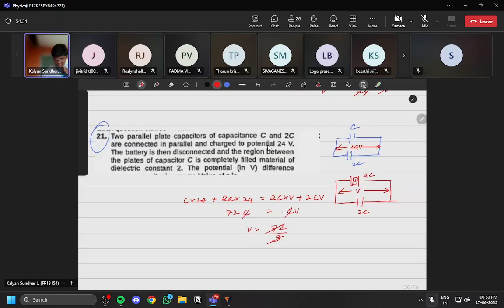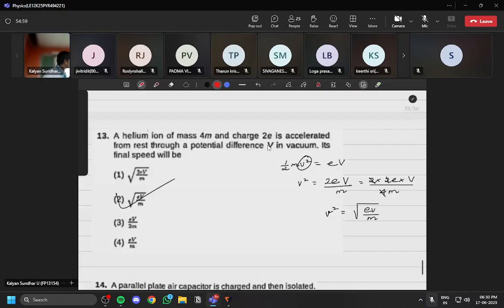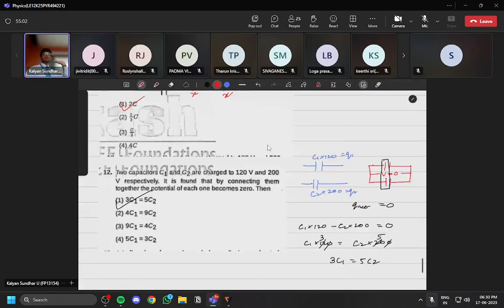Oh, 4, sorry, sir. So this will be of 4. 4 ones are 4. 1, 2, 4, 8. So answer will be 18 is the potential. Common potential will be 18. This is the same as the first question, and based on this is the second question, common potential, and again the third question. All three concepts are the same, only the common potential.